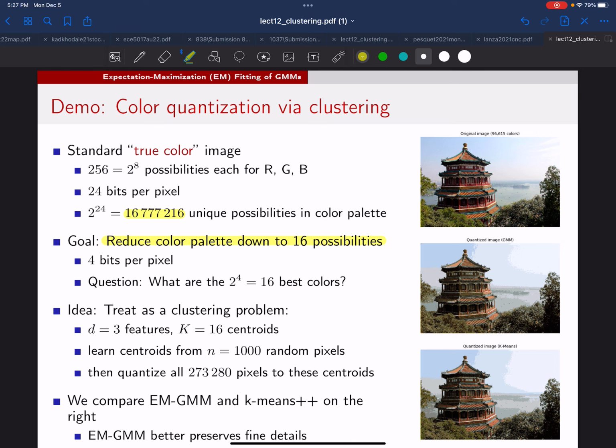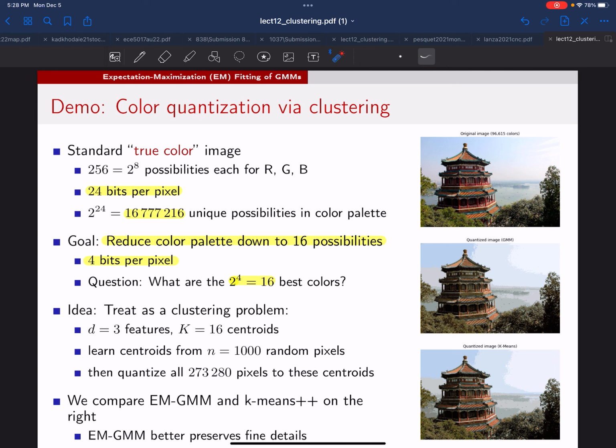In other words, rather than 24 bits per pixel, I want to reproduce my image using only 4 bits per pixel, because 2 to the 4 is 16. So the question is, what are the 16 best colors that can minimize the RSS, the sum squared error, compared to the true unquantized image?